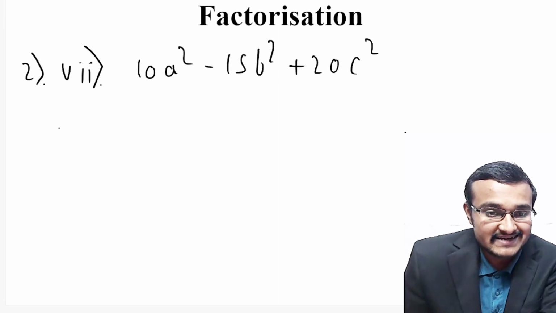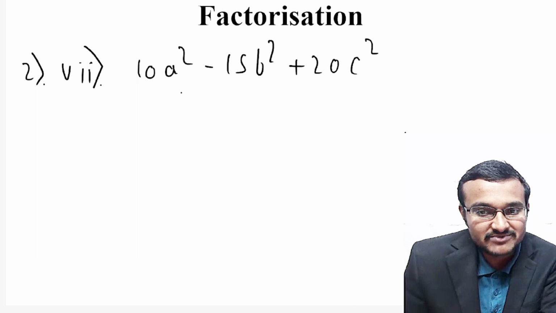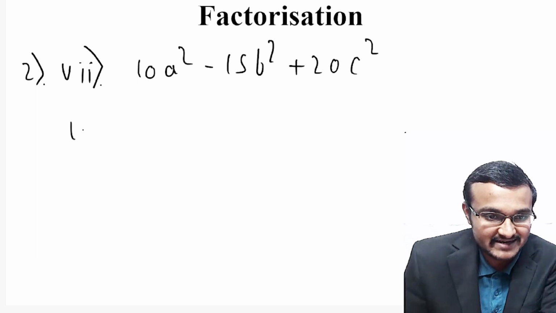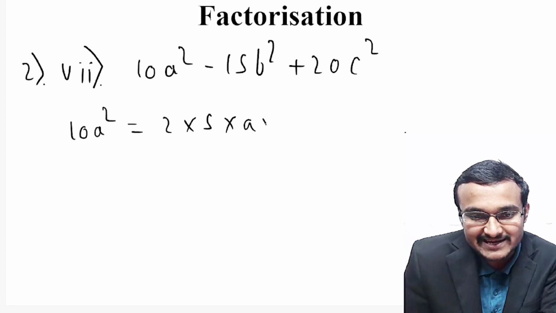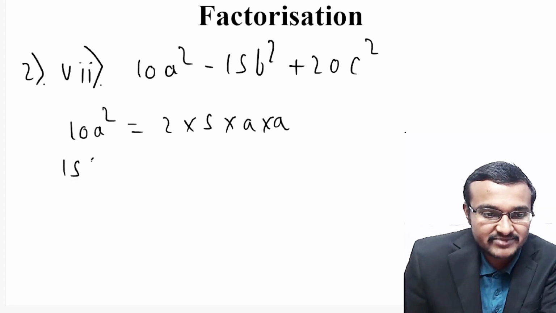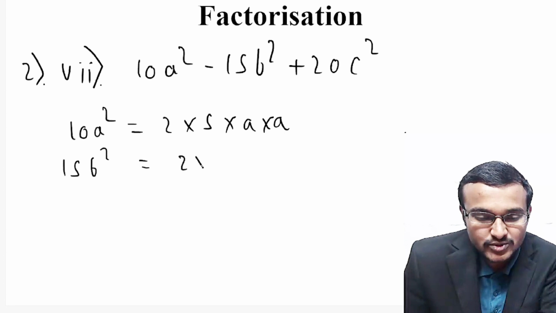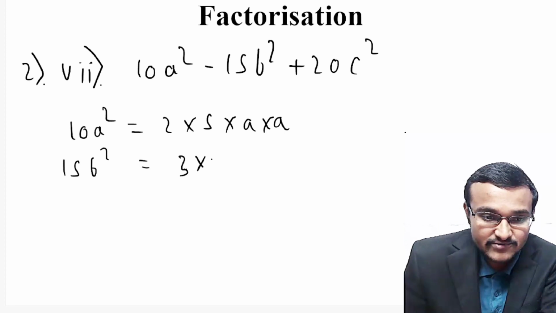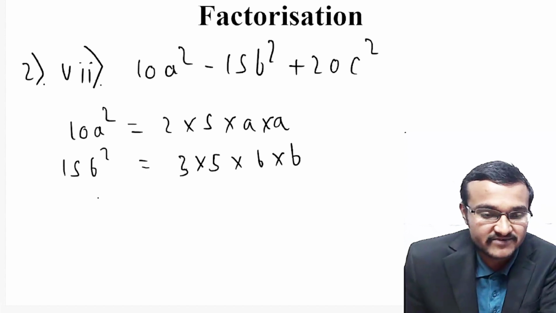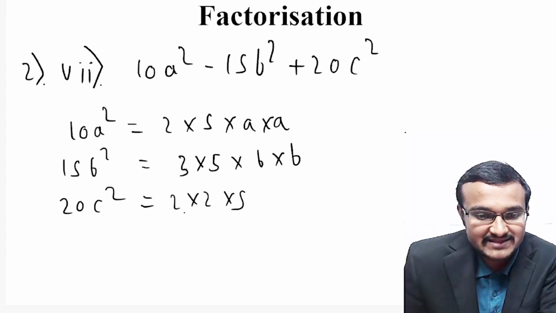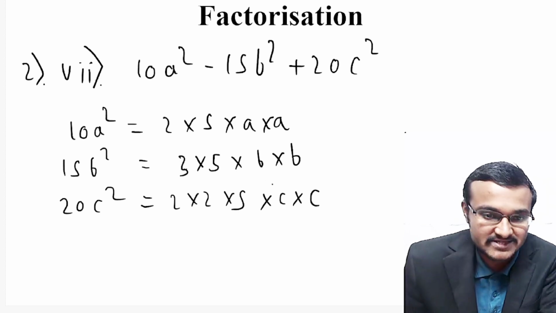So 10a square can be written as 2 into 5 into a into a. 15b square can be written as 3 into 5 into b into b, because 5 3s are 15. 20c square can be written as 2 into 2 into 5, that is 2 2s are 4, 4 5s are 20, into c into c.